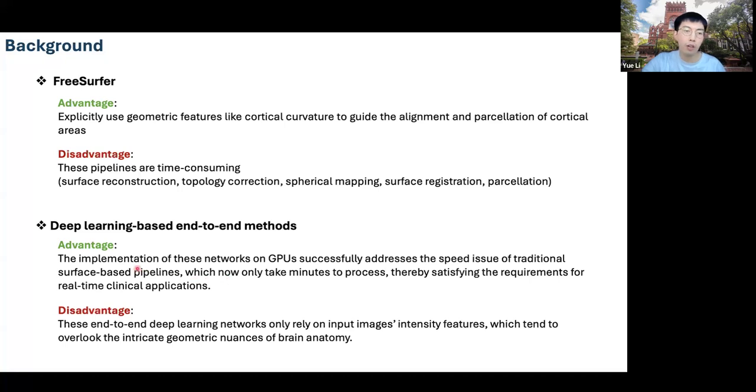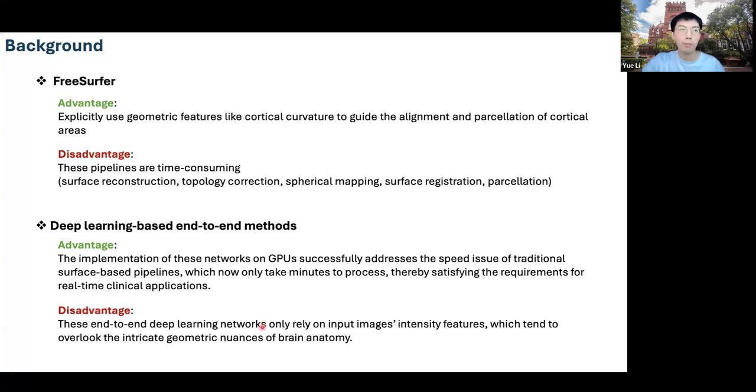On the other side, for the deep learning-based model, the advantage for them is that they are very fast, especially with the help of GPU, which can help us to process an image even within 10 seconds. So it is very applicable in the real-time clinical application.